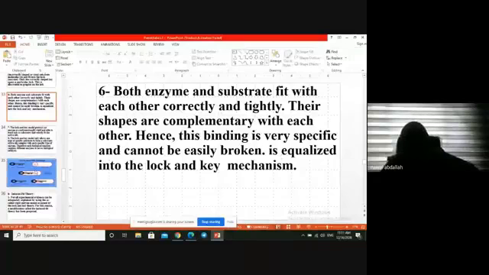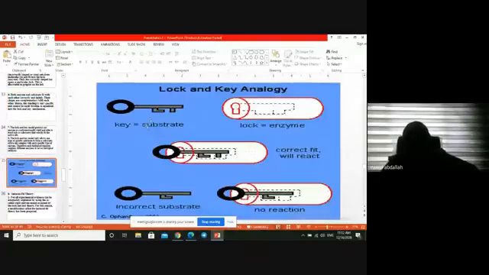In this figure, the key is like the substrate and the enzyme is like the lock. The teeth of this key must complement the shape of the active site in the enzyme.